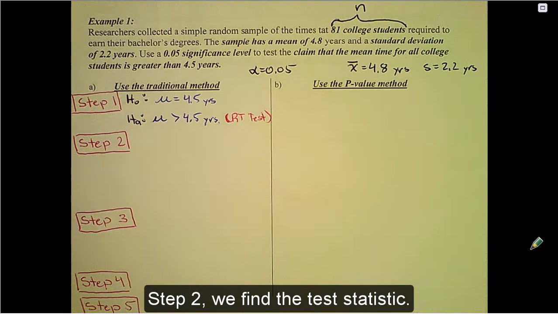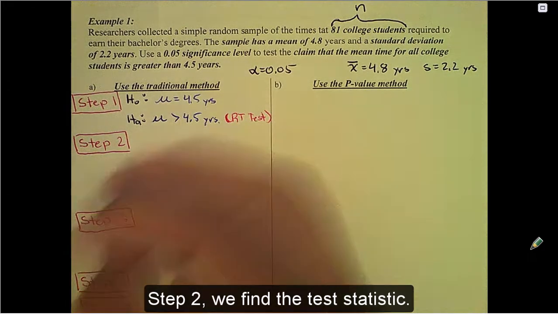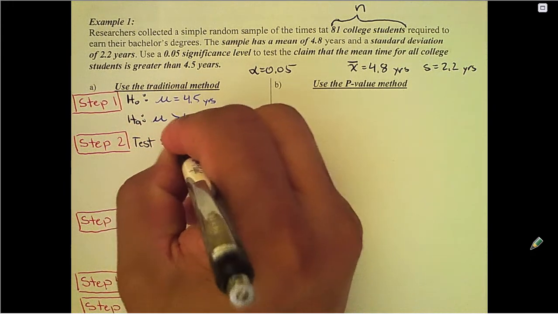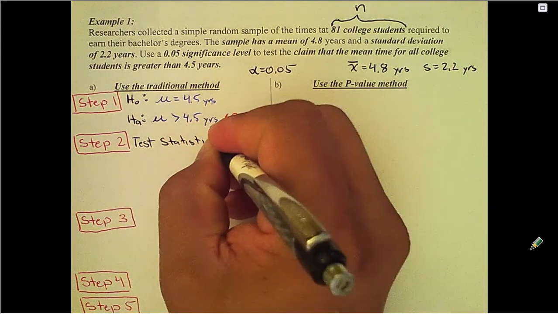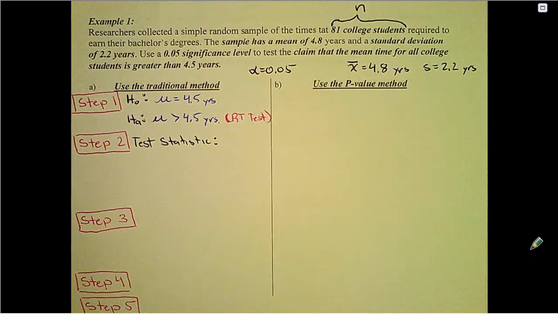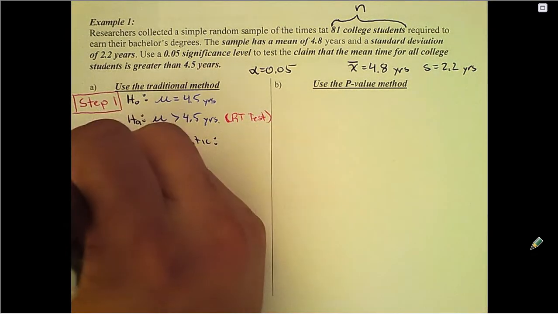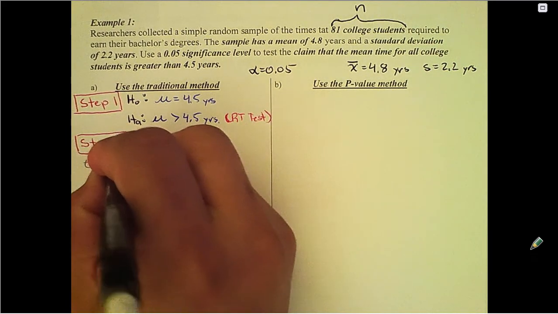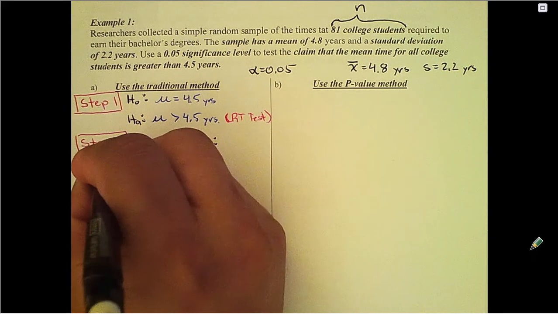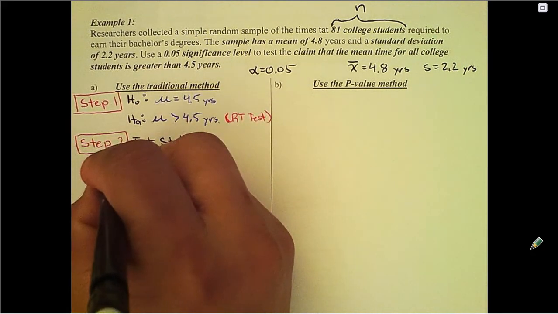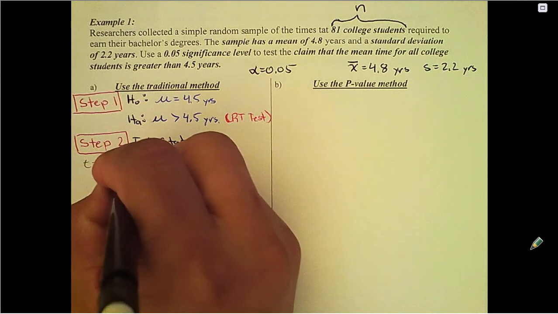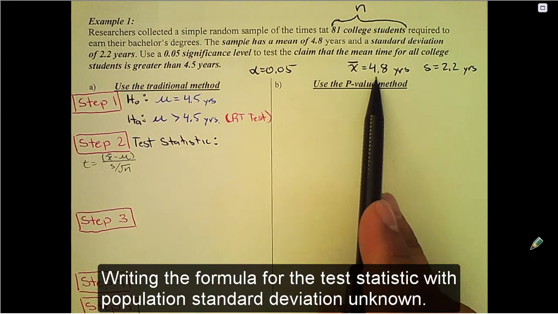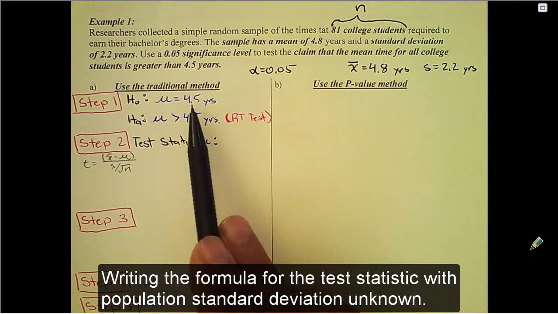Step 2, we find the test statistic. Writing the formula for the test statistic with population standard deviation unknown.